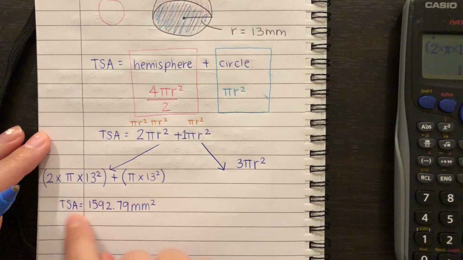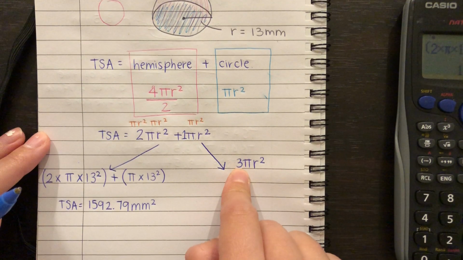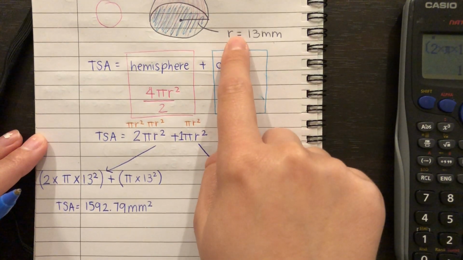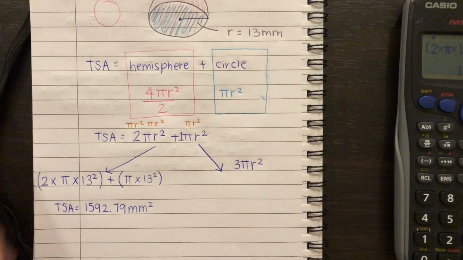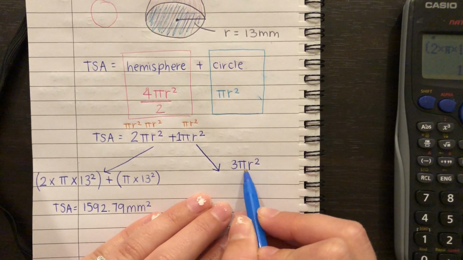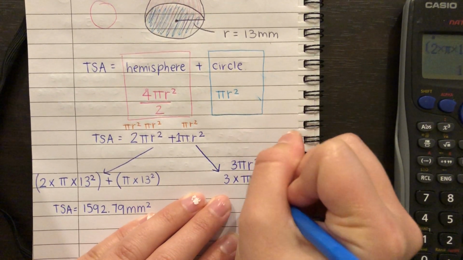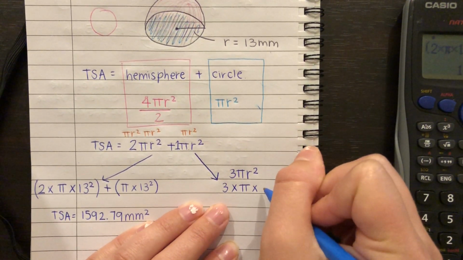And now instead of having to repeat values and do all of this working out, we can just use this formula. So let's substitute our value into here. Surface area equals 3 times pi times 13 squared.